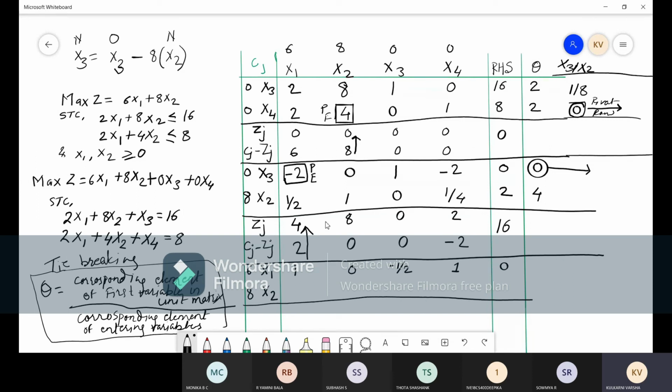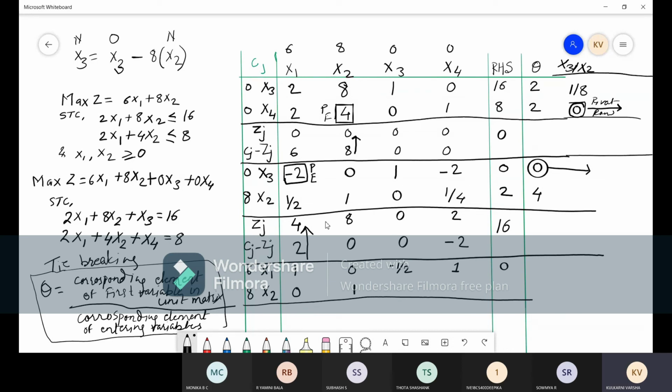Now for finding x2, we should get 1 over here for x2 and 0 over here for x1. To find the remaining values, we need to take this x1 row and the old x2 row.